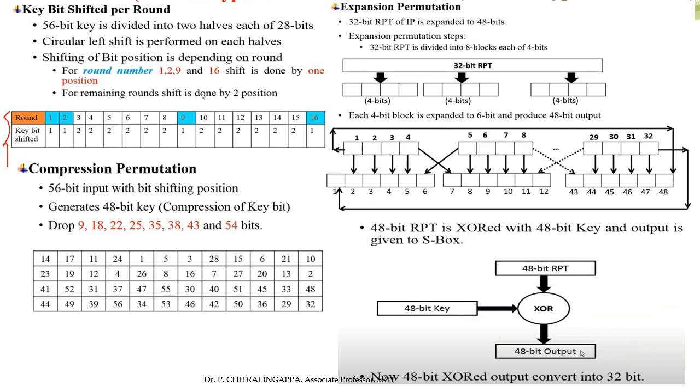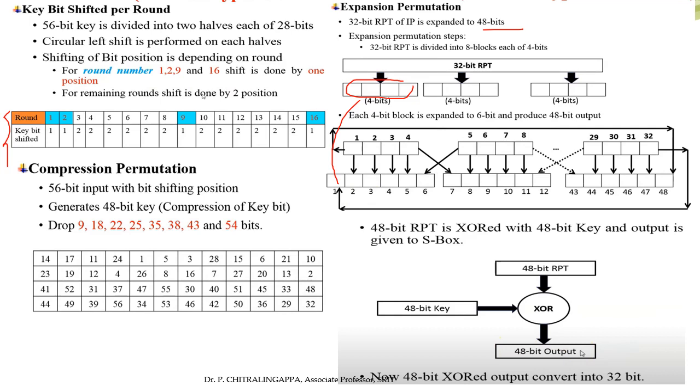Now the expansion permutation. In the expansion permutation, the 32-bit right plain text is expanded to 48 bits. How do we expand it? There are 32 bits, in 8 blocks of 4 bits each. Now we convert these 4 bits into 6 bits. For example, 1 2 3 4 are the 4 bits, and we convert them into 6 bits.